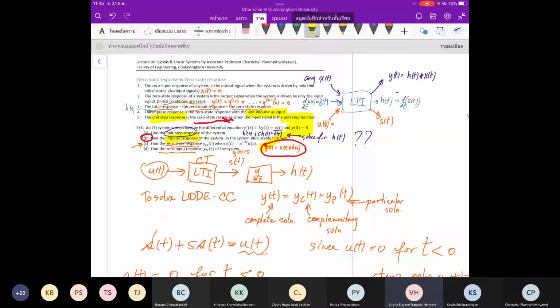Yeah, for the zero state response, you let y(0) equal to 0. But for the zero input response, the input is 0, and then it depends on the initial condition only.